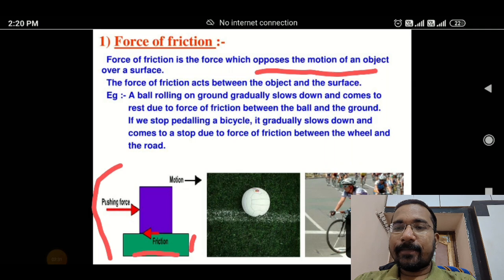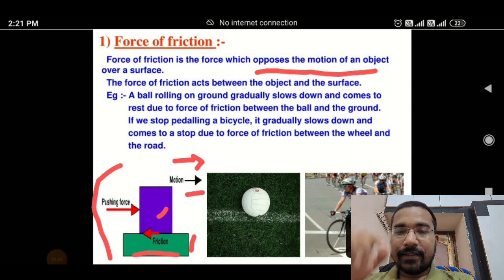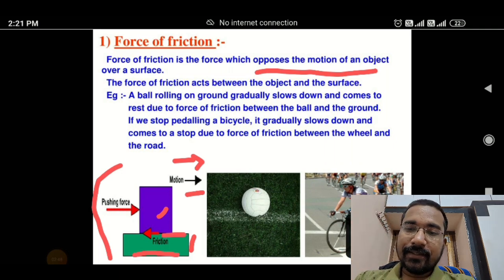In this image, the green part is static, not moving, but the blue part is moving. When there is a motion in this direction, the friction acts in the opposite direction.